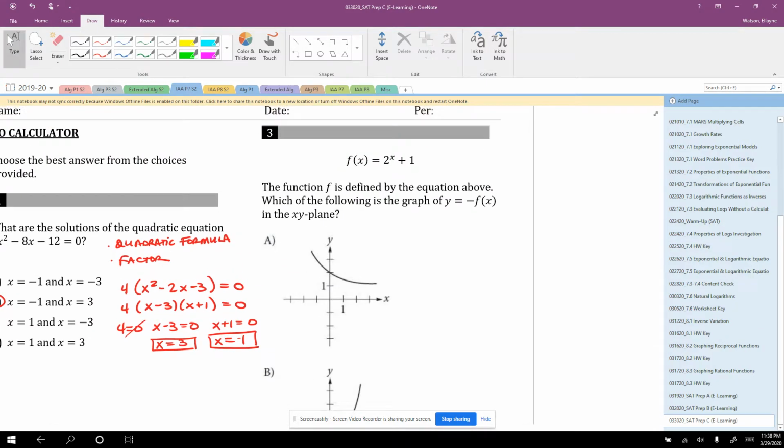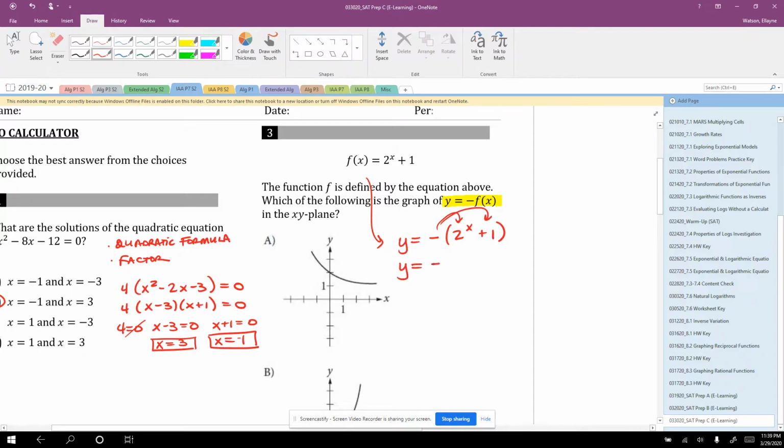So we're given a function here and it says the function f is defined by the equation above, which of the following is a graph of y equals opposite of f of x. So first thing we got to do is the opposite of f of x would look like this. Opposite of 2 to the power of x plus 1. Well, then distribute that negative.